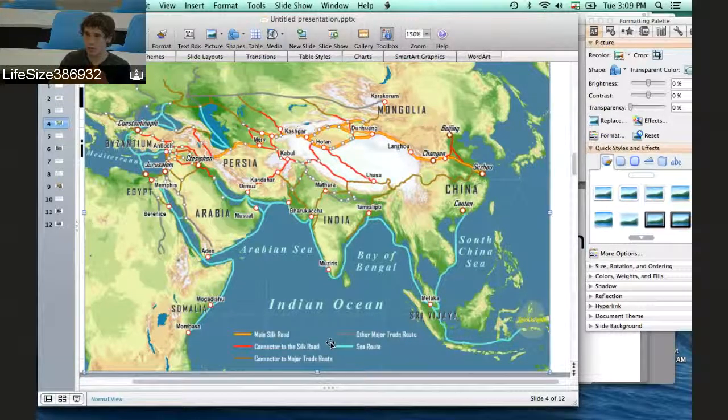They came through the Persian and Arabian areas and then through Constantinople into Europe, where they were bought. This provided an incredible amount of revenue for the Arabic world, and it also gave them a major power because they controlled all of this trade. One of the main things that actually drove the sailing of people like Christopher Columbus was an attempt to find alternative routes to bypass the Arabian control. Next slide, please.